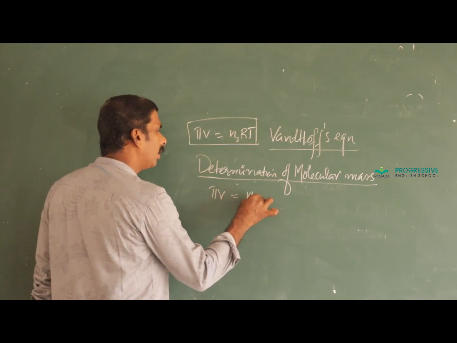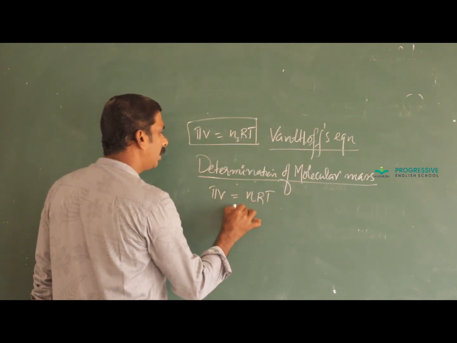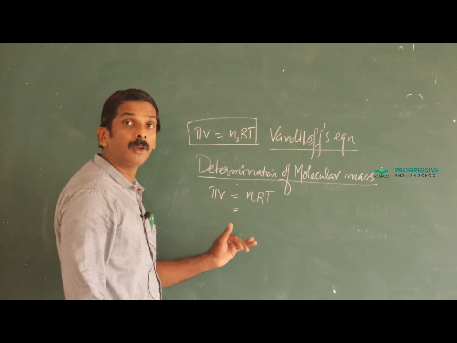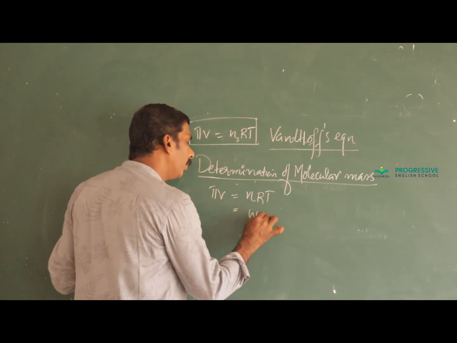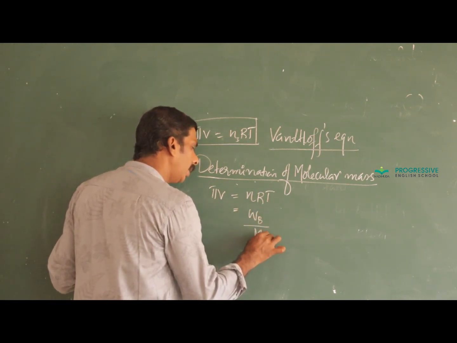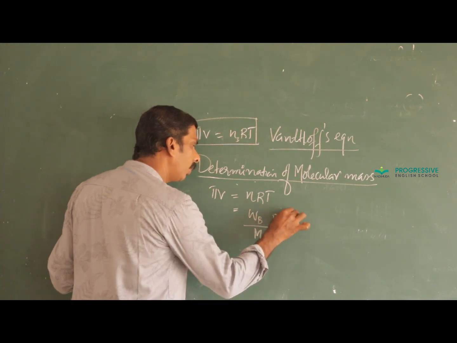So, pi V equal to nRT, or n_B means W_B divided by M_B, into RT.